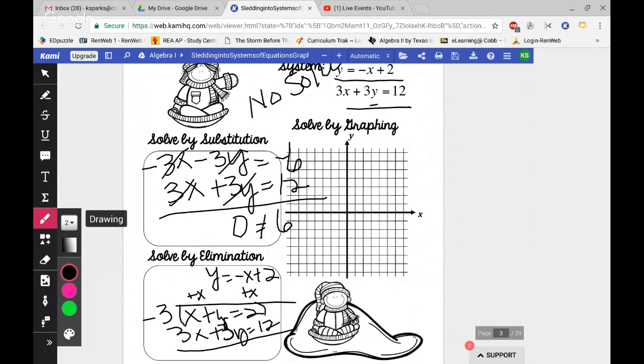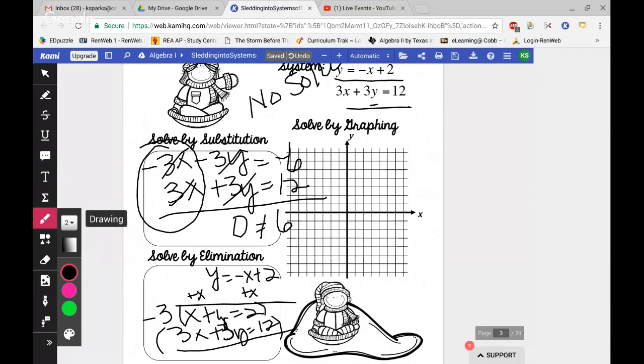If I would have multiplied this bottom one by 3 also, that would have made it a 9. You see what I'm saying? See, the coefficients are the same now so that they're going to eliminate. Oh, okay. That's where they come up with that word, elimination. Does that make sense? The whole point is to eliminate, which starting the whole packet with a no solution one doesn't make quite as much sense on the elimination, but that's what you would do.